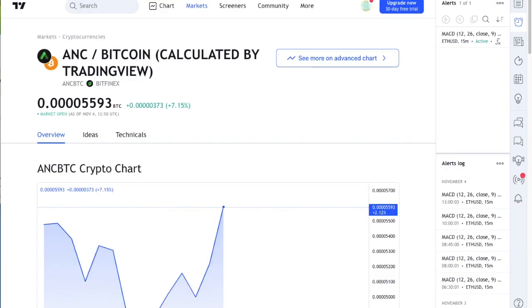We still have a few more coins to look at. One is this ANC Bitcoin pair, and I actually don't know what ANC coin is. So let's say I did decide I want to buy this coin. I would definitely go and do research on the project before. Don't just go buy random coins just because you saw something that says buy, or a YouTuber that you like, or even a news source, because a lot of times those are sponsored as well.